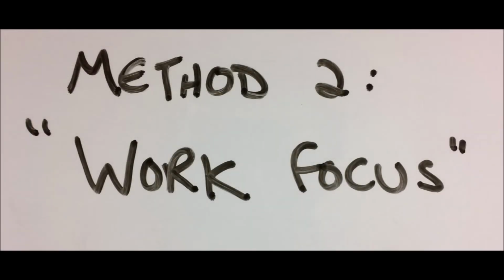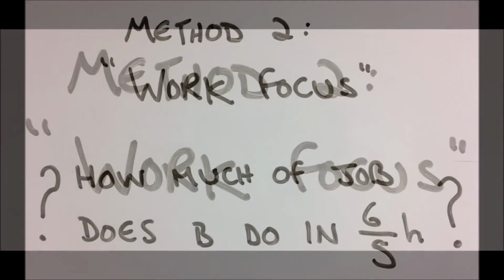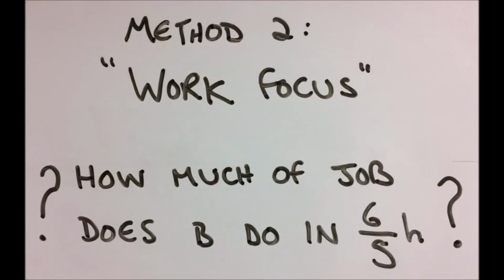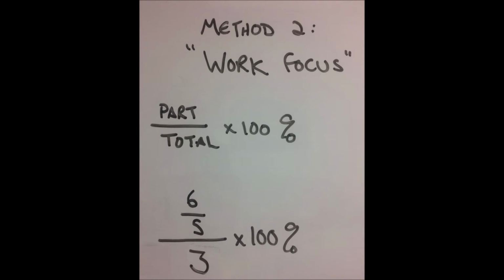Finito. Right, method 2. This time we're going to focus on work. In other words, we're going to say how much of the job does B do in the 6 over 5 hours as part of the team. We're then going to put that over a total according to what the machine would have done by itself and multiply by 100%.